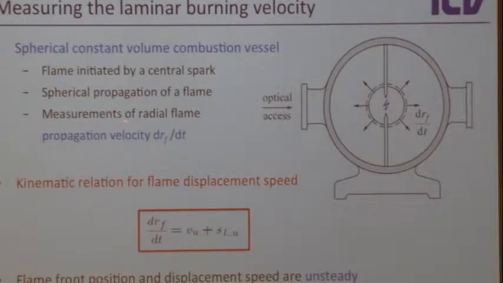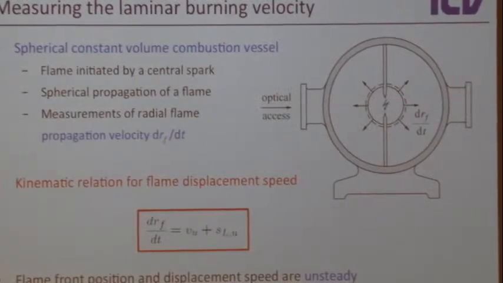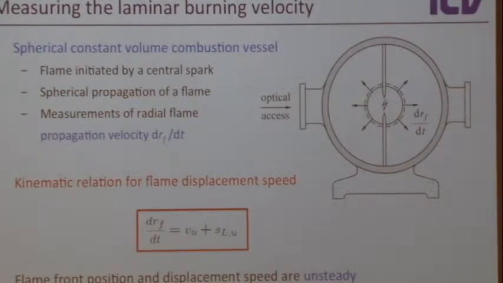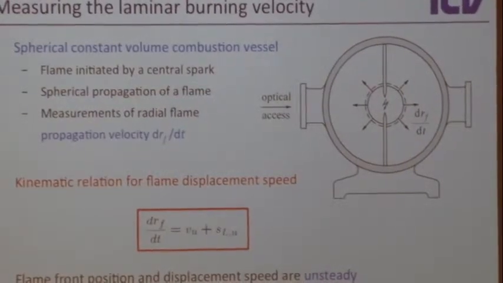And so what's measured here is what I call the displacement velocity or the displacement speed, and that is just the displacement of this flame. I mean, it's the observed movement of the flame. And so if you want to determine the burning velocity, then this kinematic relation here is important.